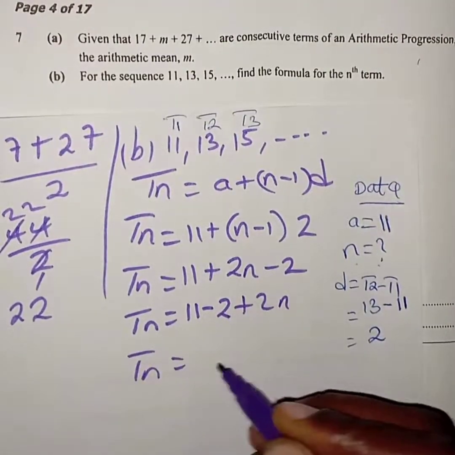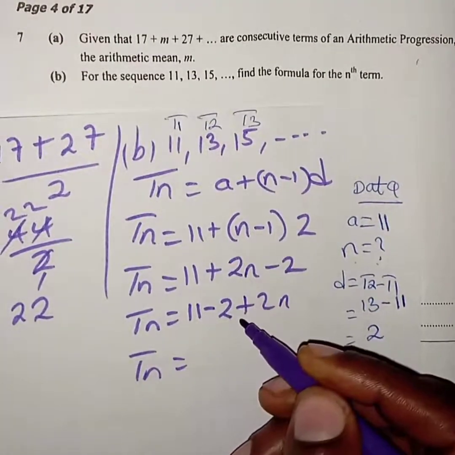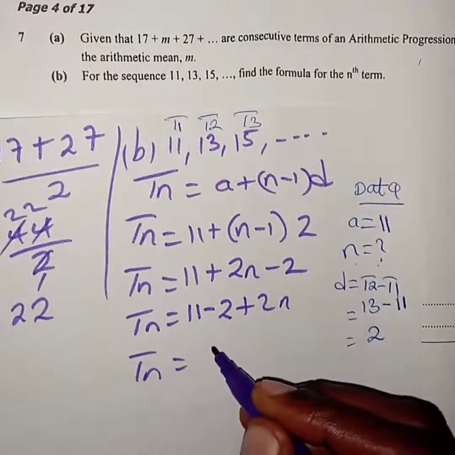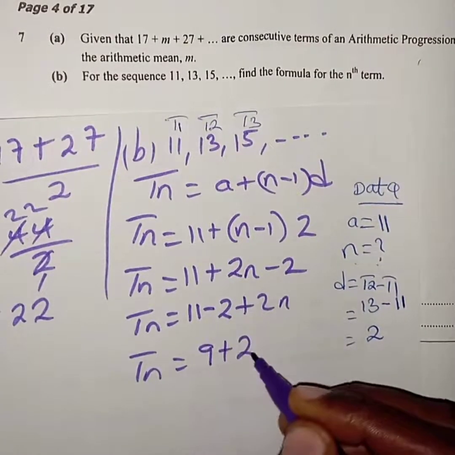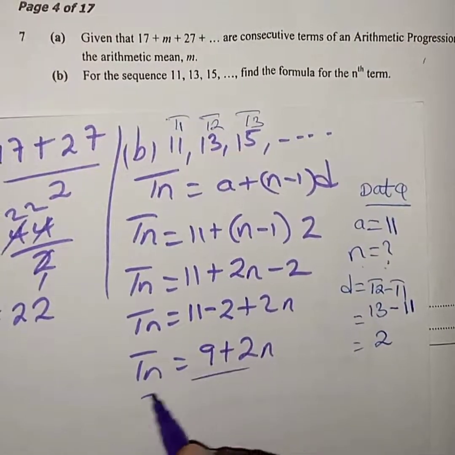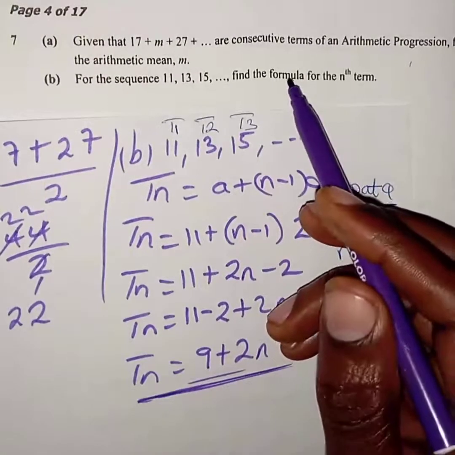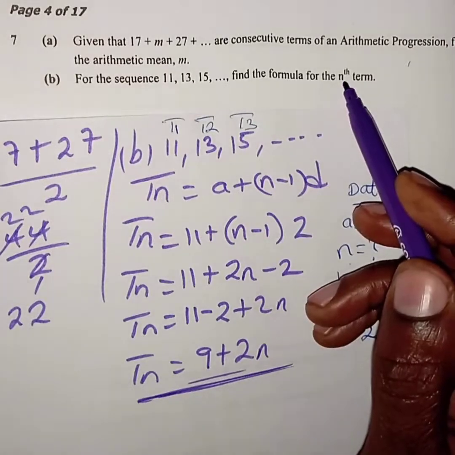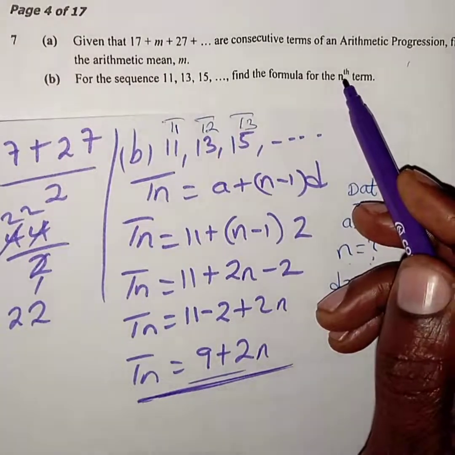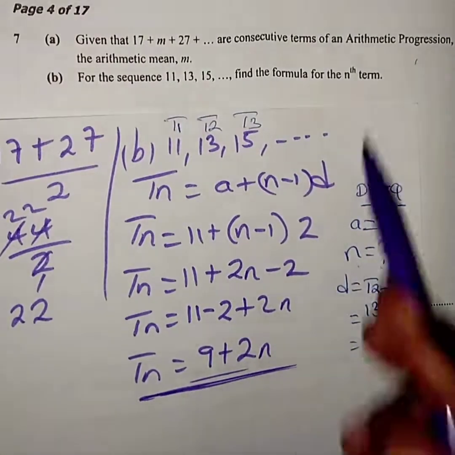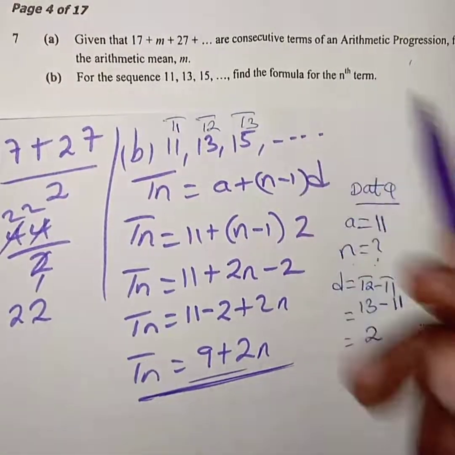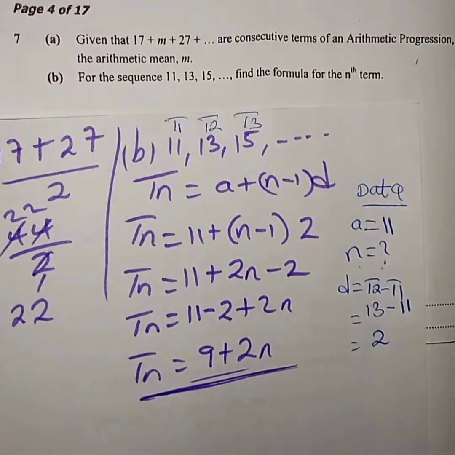So Tn is equal to 11 minus 2, that is 9, plus 2n. This is the formula for the nth term. There are times when they don't mention formula, but as long as they have written nth term without a number, just know that it also means formula. So take note.